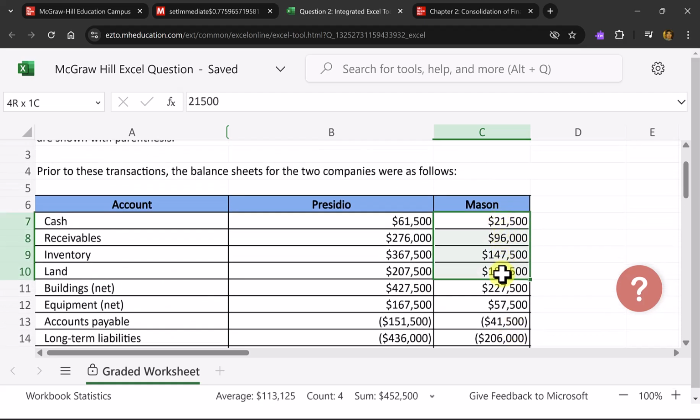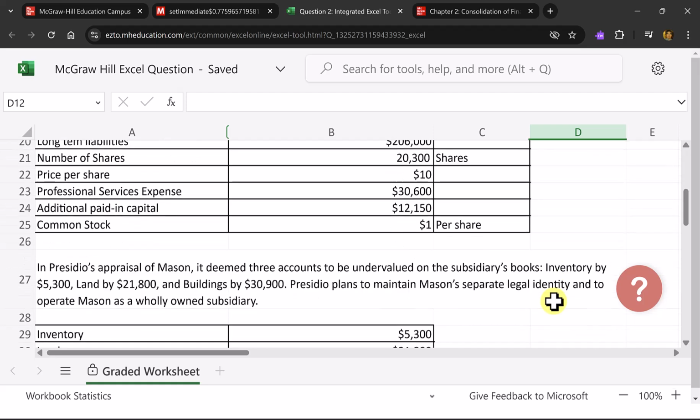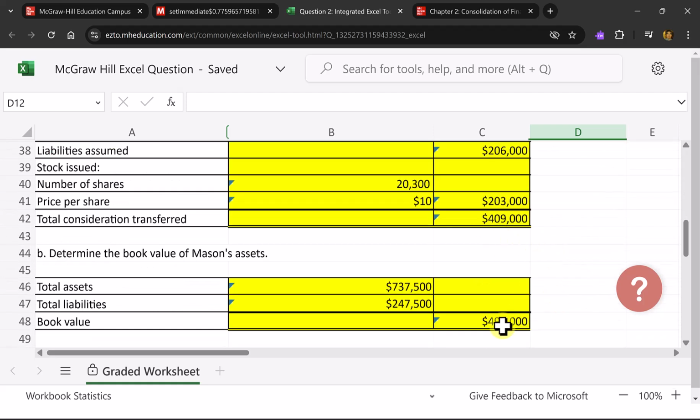I'm dragging over the first one, including these two liabilities here. And here automatically at the bottom of the spreadsheet, you can see the total, including these negative numbers, yeah, which matches my formula. So I'm guessing I'm on the correct track here when I get that 490,000. Okay, so that was step B.